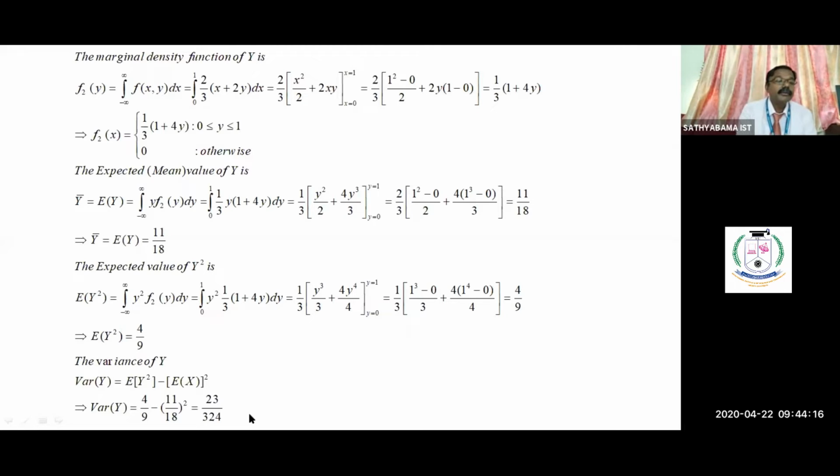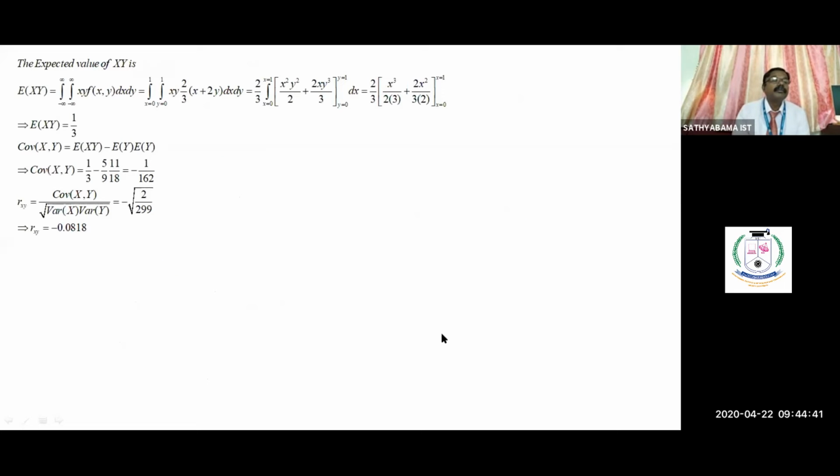Okay. So now we have calculated the mean value and the variance. Next we have to calculate the covariance. For that we have to find the expected value of xy.